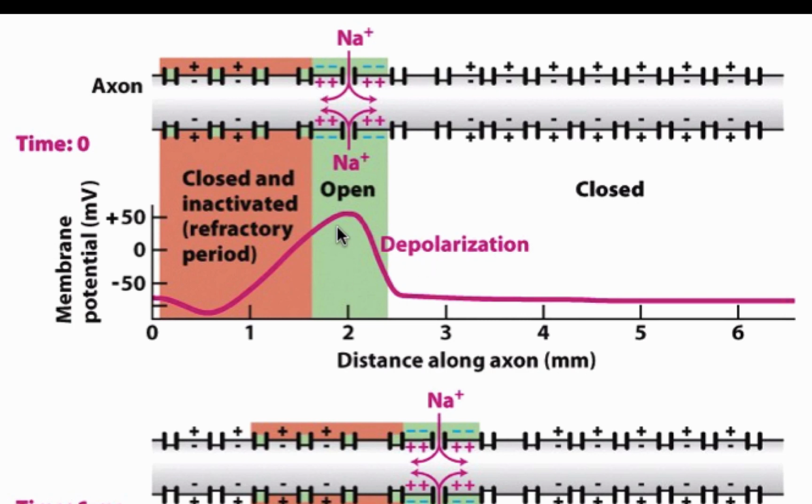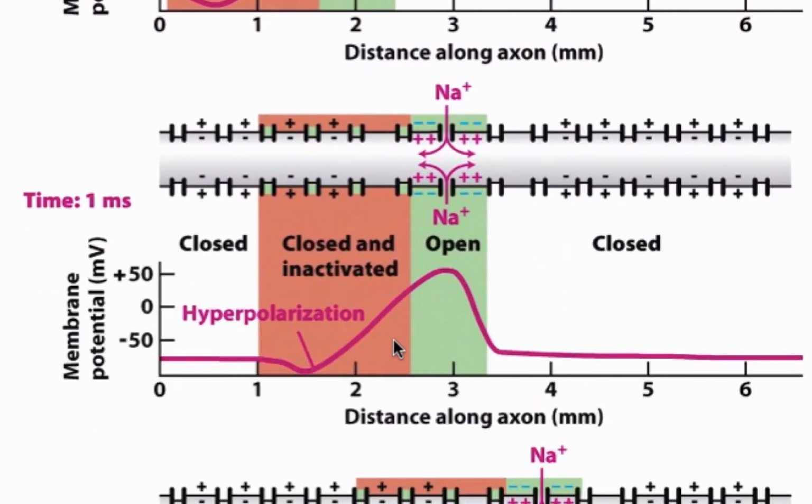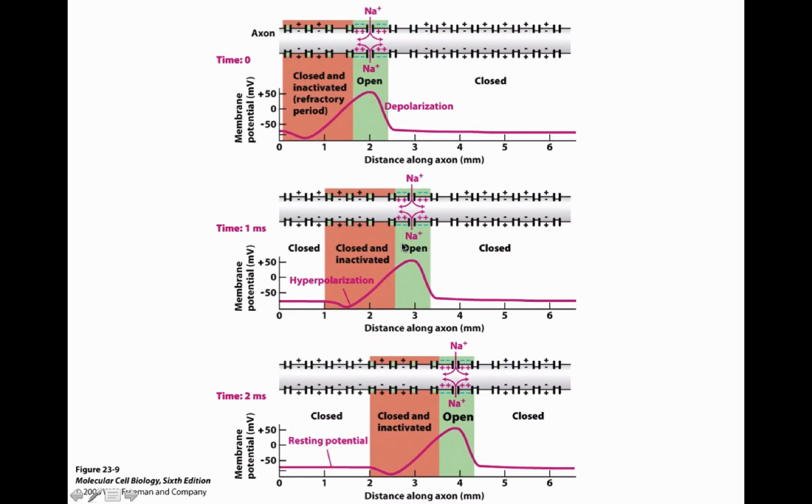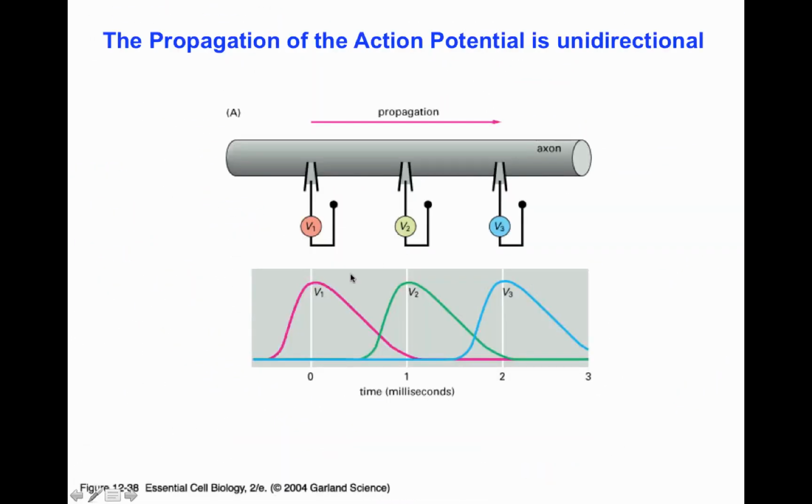So at time 0, the depolarization event happening around 2 millimeters in the axon is able to move by 1 millisecond to position 3 millimeters, and by 2 milliseconds to position 4 millimeters, leaving behind a group of inactivated channels that are not able to allow sodium ions to come inside. And therefore, the signal gets propagated to the right of the axon, away from the initial site of depolarization.